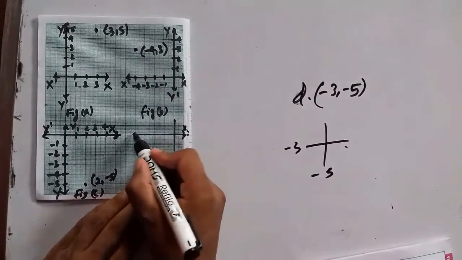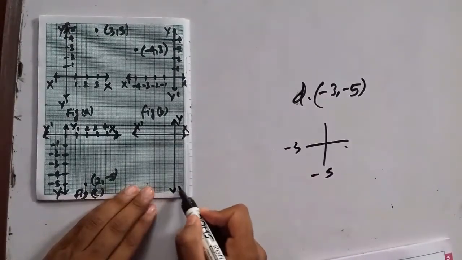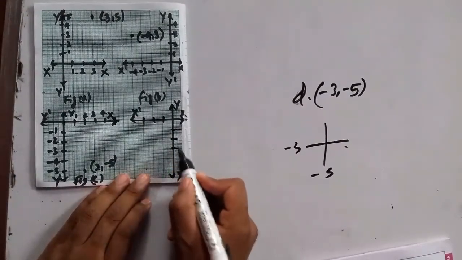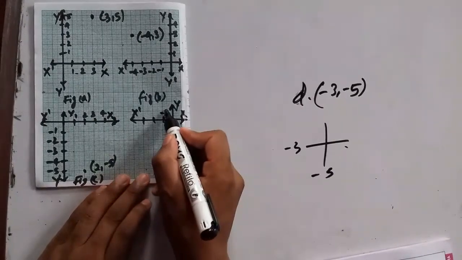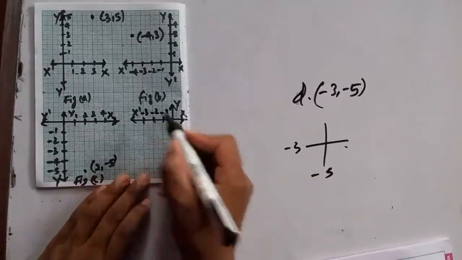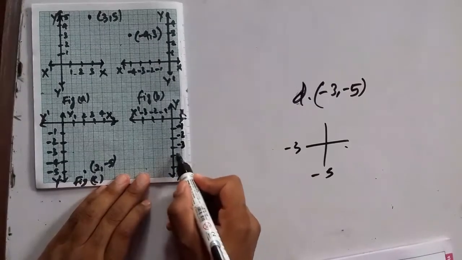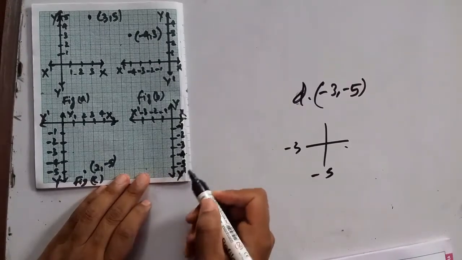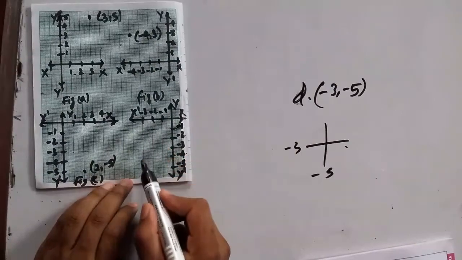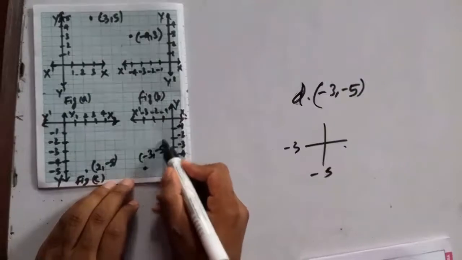This is x, this is x dash, this is y, this is y dash. Here is -1, -2, -3, and here -1, -2, -3, -4, -5. -3 is here and -5 is here. So this is the plotting of (-3, -5).